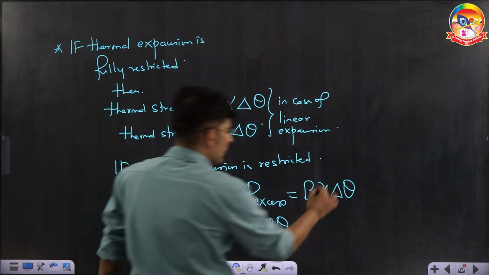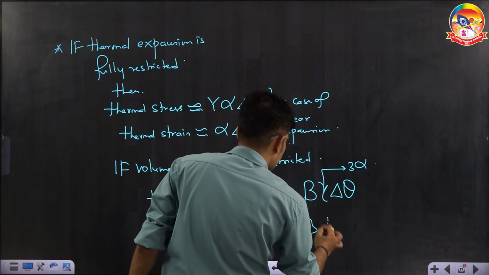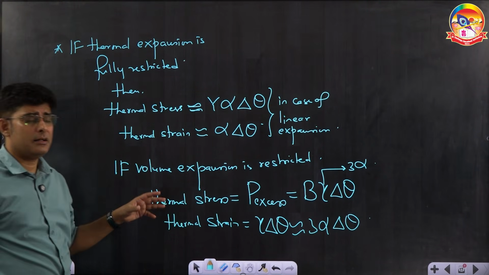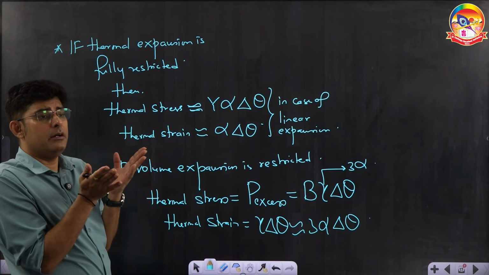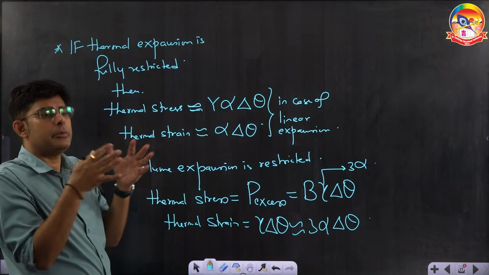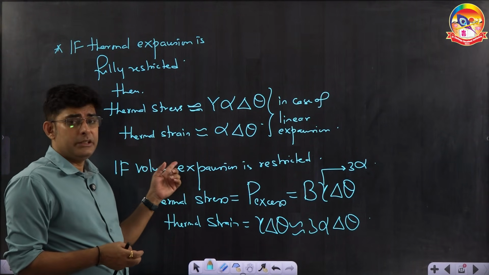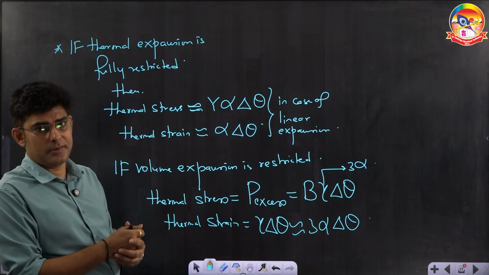If they give you alpha, remember gamma can be written as 3 alpha, so this can also be written as 3 alpha delta theta. So thermal stress or strain are developed in a body whenever the body is expanding due to temperature change, but you are restricting it. As much expansion is produced by change in temperature, that much compression you are providing by external force, right?